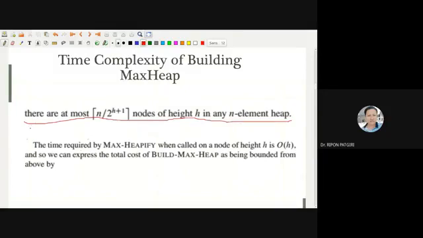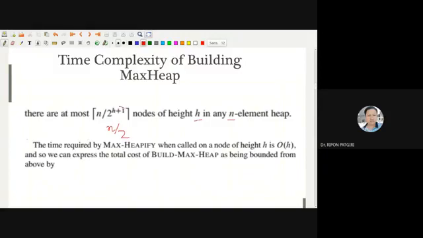You will get the entire text in Cormen. So there are at most n divided by 2 to the power h plus 1 nodes of height h in any n element heap. Total number of elements is n. Height is h.